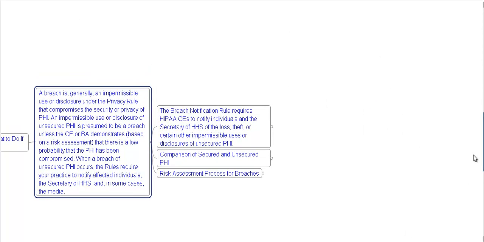The breach notification rule requires HIPAA covered entities to notify individuals and the Secretary of HHS (Health and Human Services) of the loss, theft, or certain other impermissible use or disclosure of unsecured PHI.